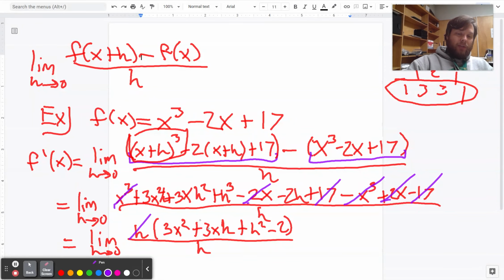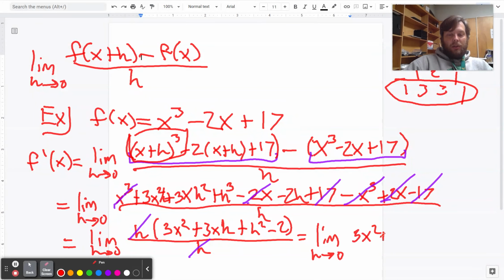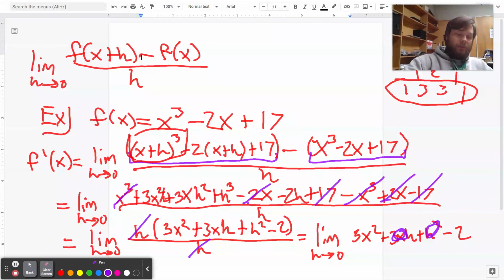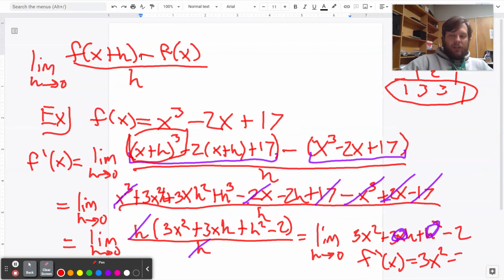So now the h on top and the h on bottom divide to equal 1, and you're left over with the limit as h approaches 0 of 3x squared plus 3xh plus h squared minus 2. And so when you apply h equals 0, you're left over with your derivative function, f prime of x is 3x squared minus 2.